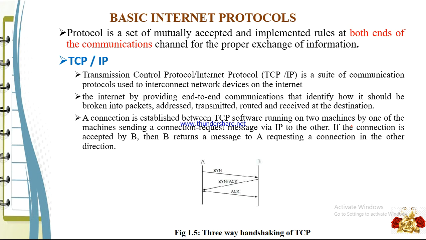So B sends a synchronous message plus acknowledgement to A. Then A receives the synchronous and acknowledgement message, and A again sends an acknowledgement message to B. This is the three-way handshaking of the TCP/IP process.